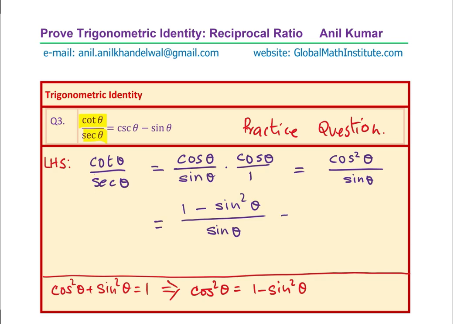Now let's continue. So we have 1 over sine theta minus sine square theta over sine theta. Now 1 over sine theta is reciprocal and is equal to cosecant theta, and sine square theta divided by sine theta is sine theta. And that is what is required, and that is on the right hand side.